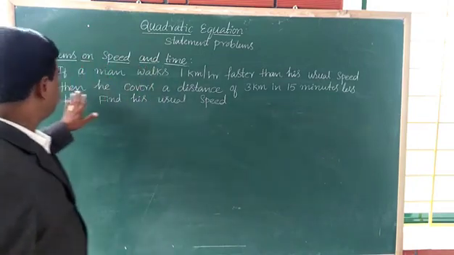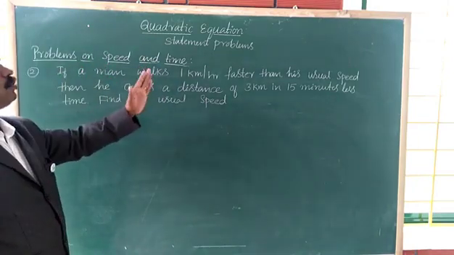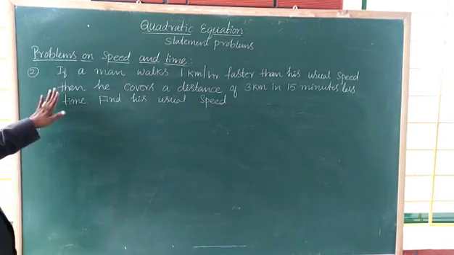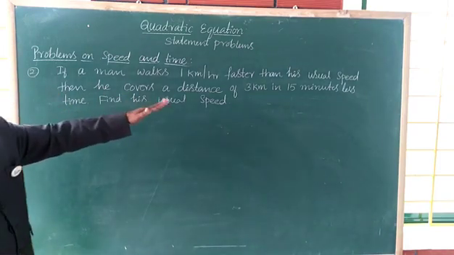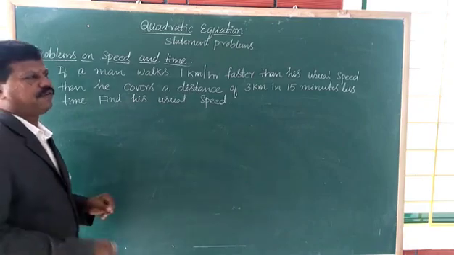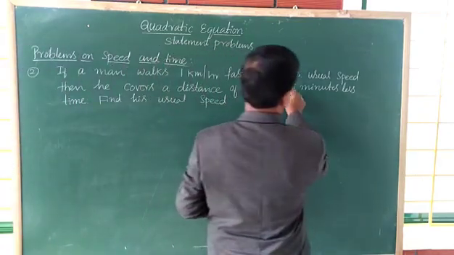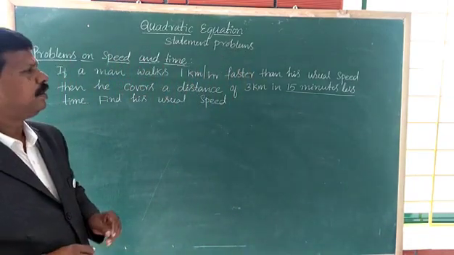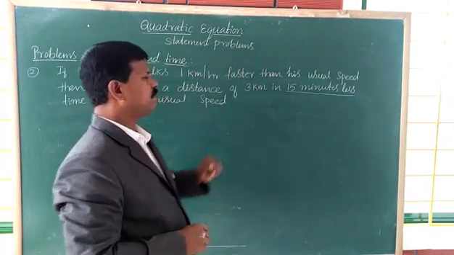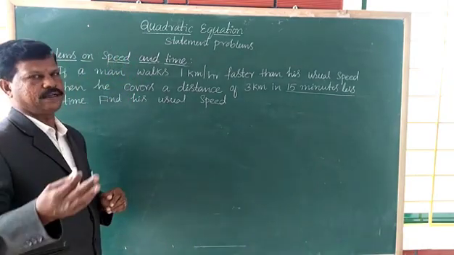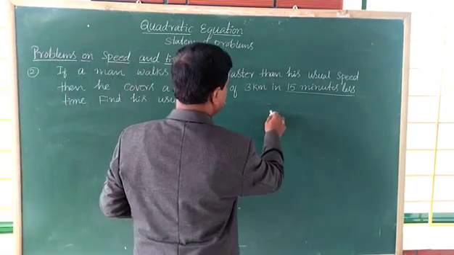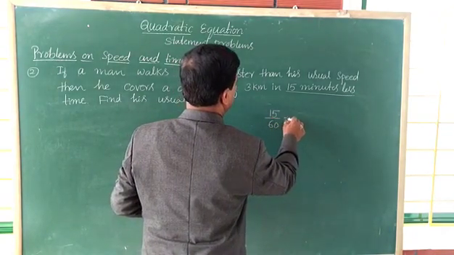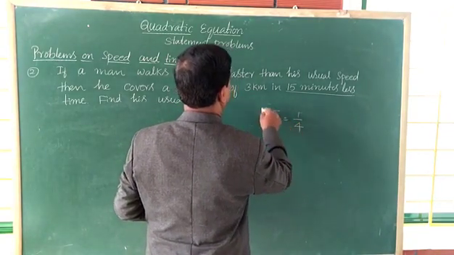Clear? So like that, here a man walks 1 kilometer per hour faster than his usual speed. Then he covers a distance of 3 kilometer in 15 minutes less. Right? Now convert this 15 minutes into hours. 15 minutes into hours means 15 by 60, that is 1 by 4.